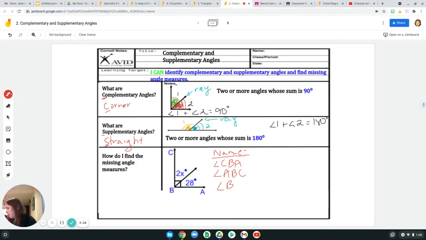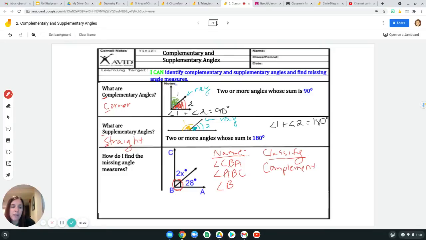I'll just use our first name. And then if we were to classify it, we're looking at our two options today. Do you see complementary angles in CBA or supplementary? Well, I see the corner at angle B, so then I know that corner is complementary.